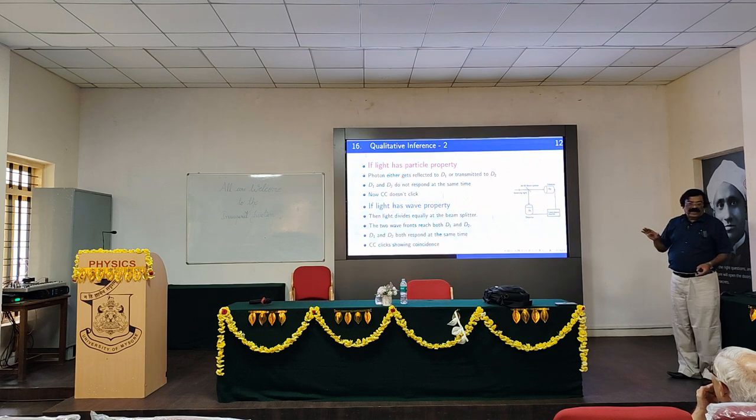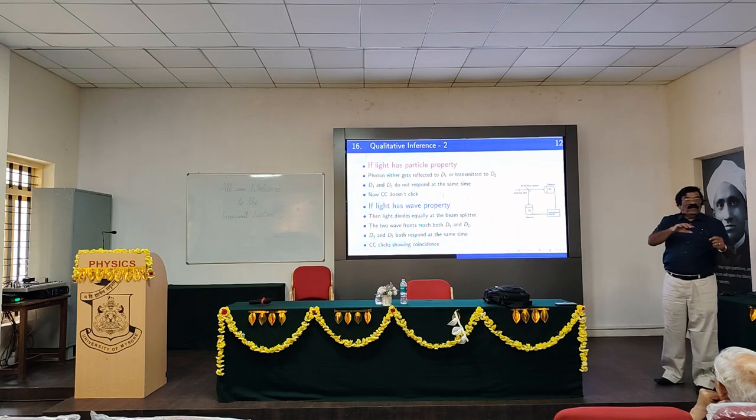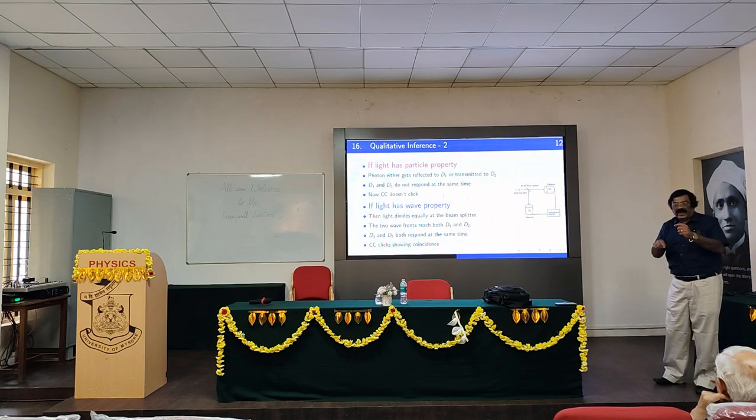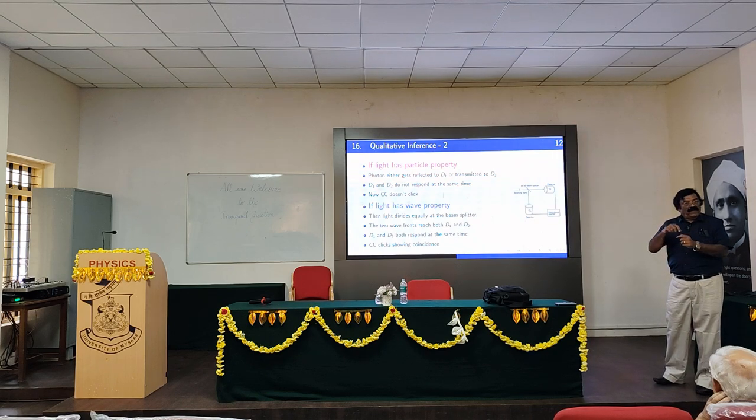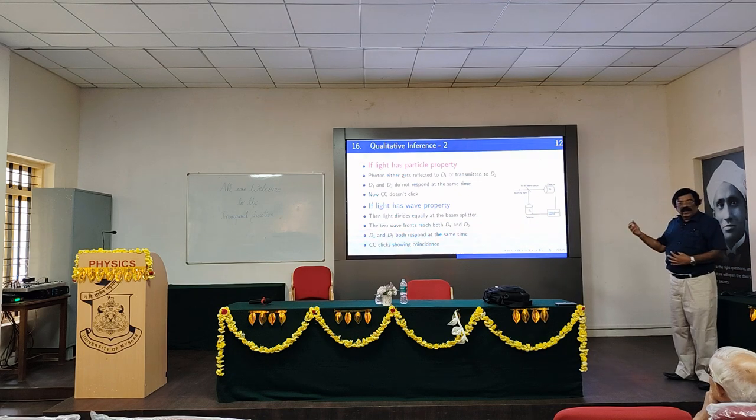Therefore, CC does not click. So, if light consists of photons, then either the photon is reflected or it is transmitted. If it is reflected, only D1 will count. If it is transmitted, only D2 will count. Since both cannot happen for the same photon, you see either D1 clicking or D2 clicking. Therefore, CC will not click.